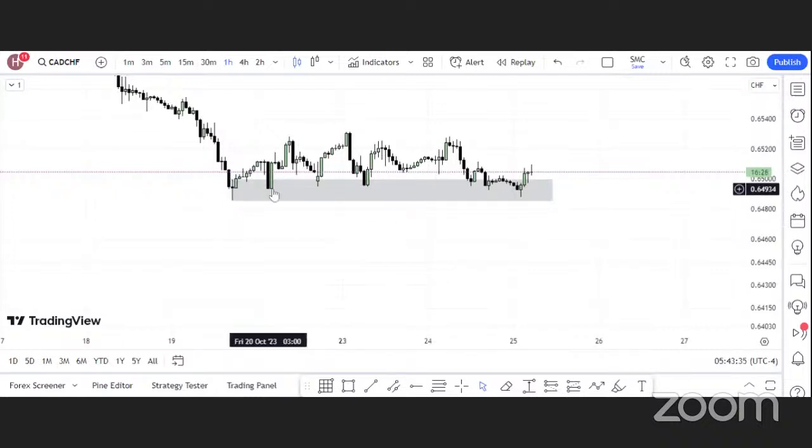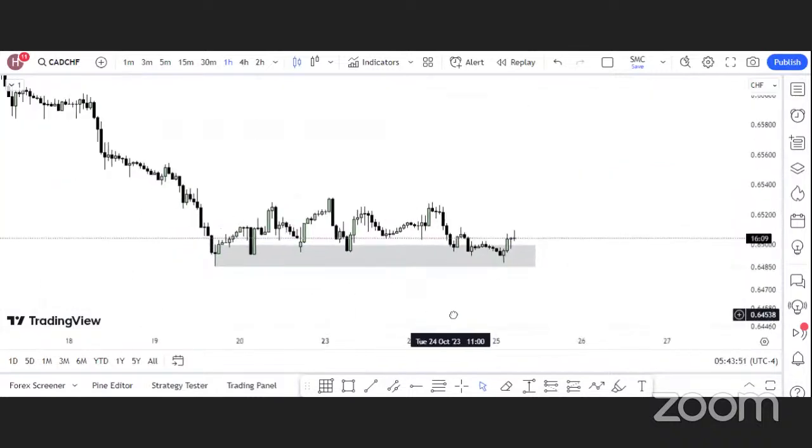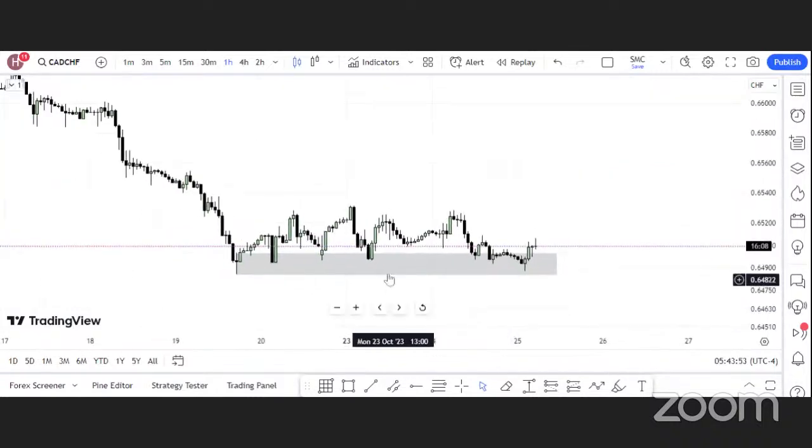We have one, two, three, four, five, and this is the sixth time. So it is most likely that the market will take liquidity before going to the upside. All right, so when I have too many touches on a support or a resistance area, I stay away from such a trade, right?